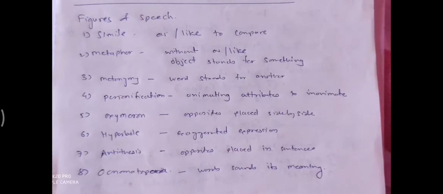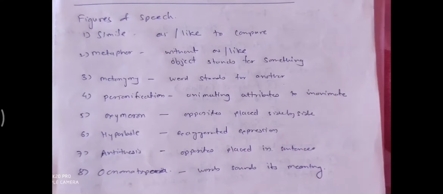At the same time, we have personification. This is also one of the technical principles that the writer may use in his writing. But as a student, we have to comprehend how animate qualities are attributed to inanimate things.